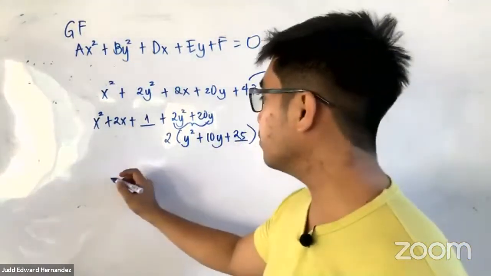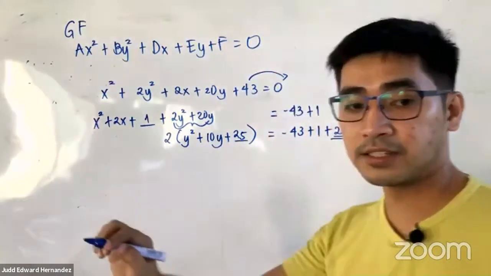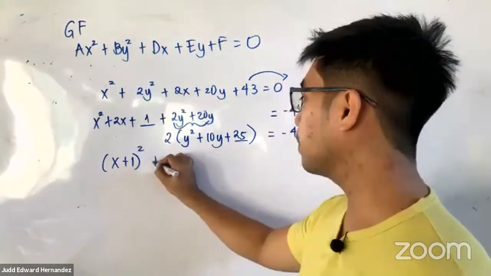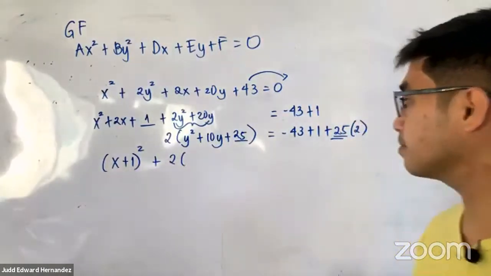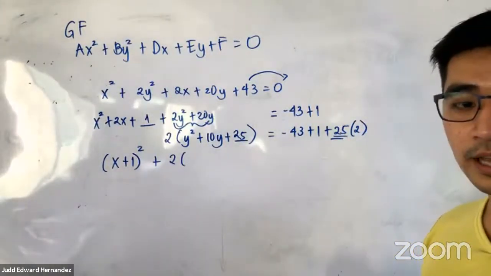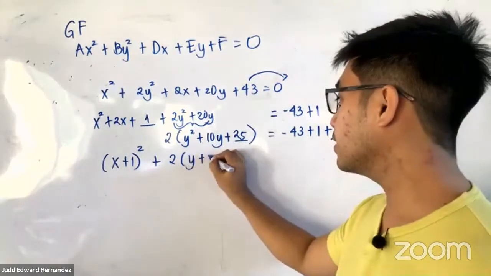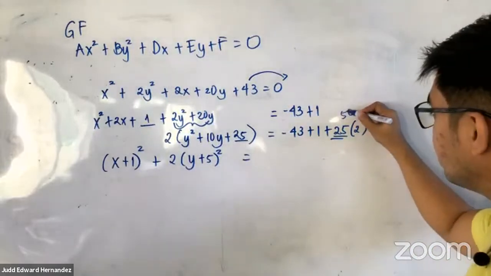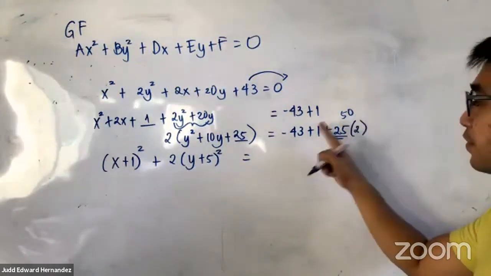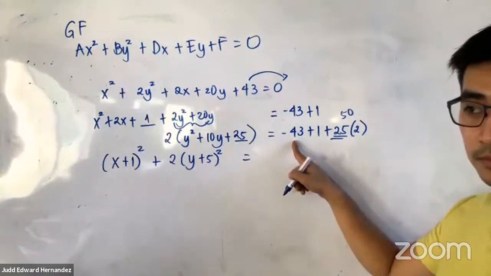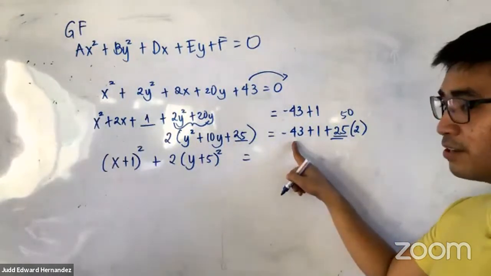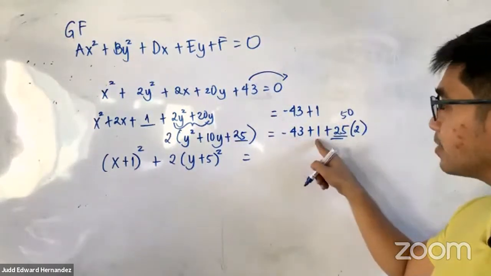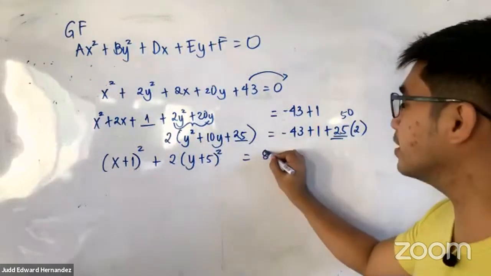Simplifying, the factor of x squared plus 2x plus 1 is (x plus 1) quantity squared, plus 2 times (y plus 5) quantity squared, is equal to 25 times 2, which is 50. 50 minus 43 is 7. 7 plus 1 is 8. Therefore, this is equal to 8.